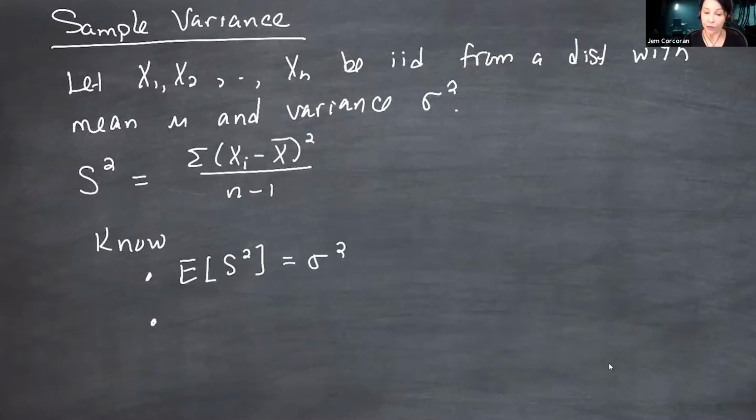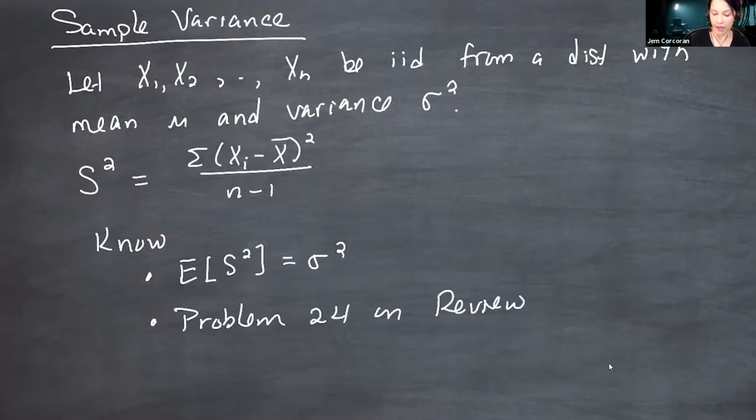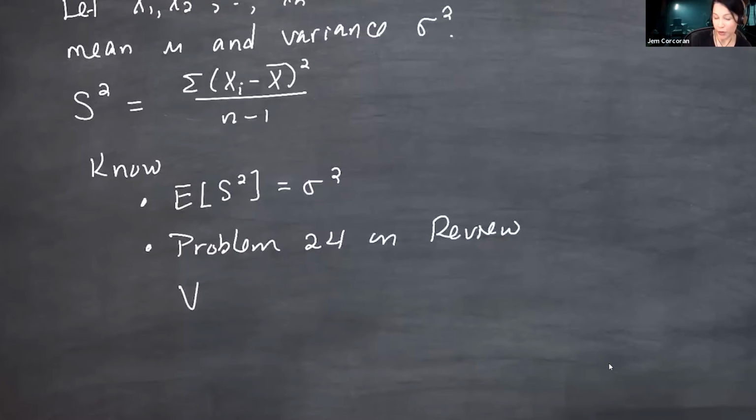Okay, so we already know, one, that this is always an unbiased estimator for sigma squared. And then two, from problem 24 on the review, we have an expression for the variance of s squared, and it's horrible to derive. I have made it a homework problem in past classes, but I didn't do it this time. And it is equal to the fourth central moment.